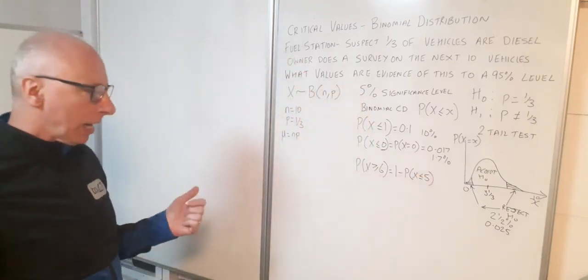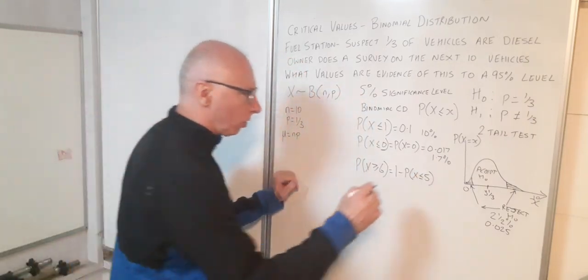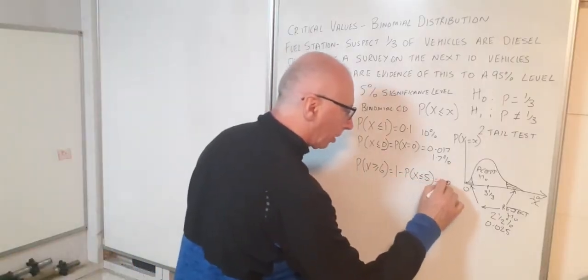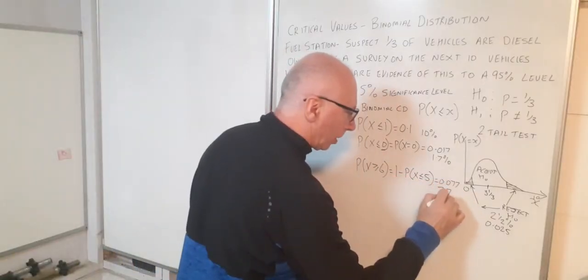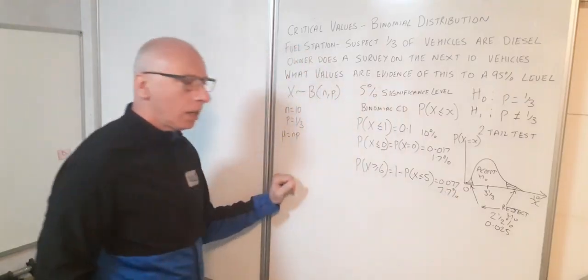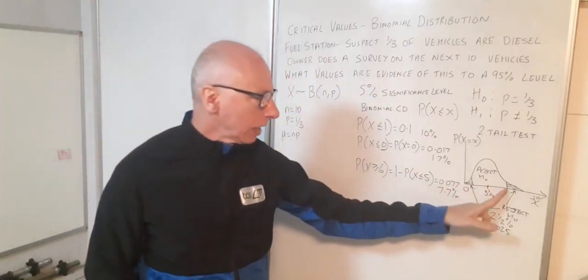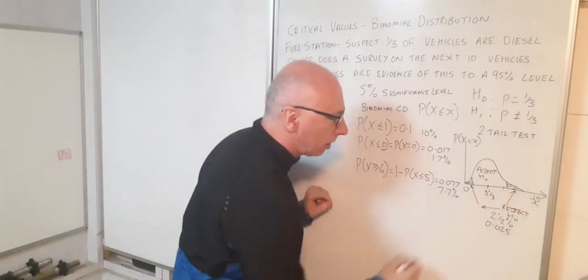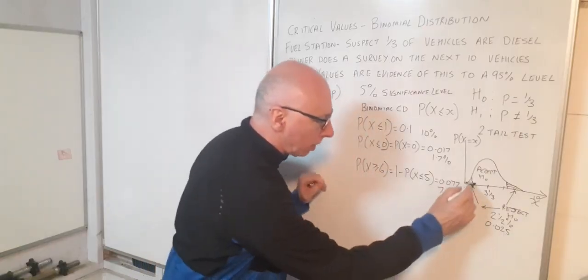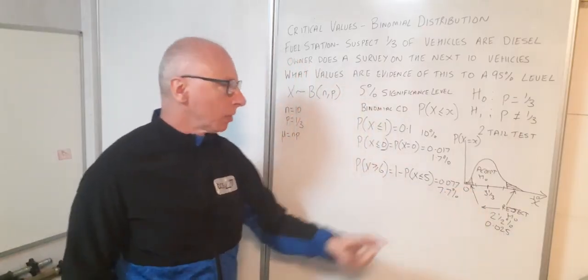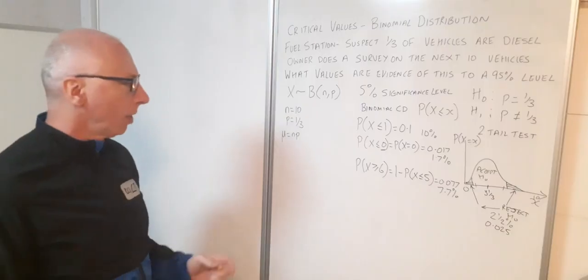Put that in our calculator, we get approximately 0.077, which is 7.7%. So again, that is going to be too big. That's going to appear somewhere here, as with this one, the 1, that will appear somewhere there. So that's inside our acceptance region of our null hypothesis.